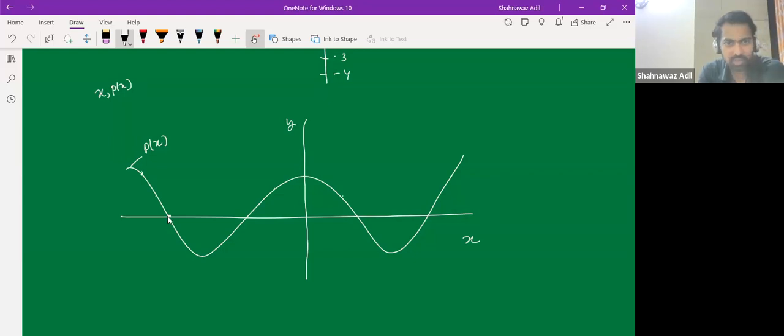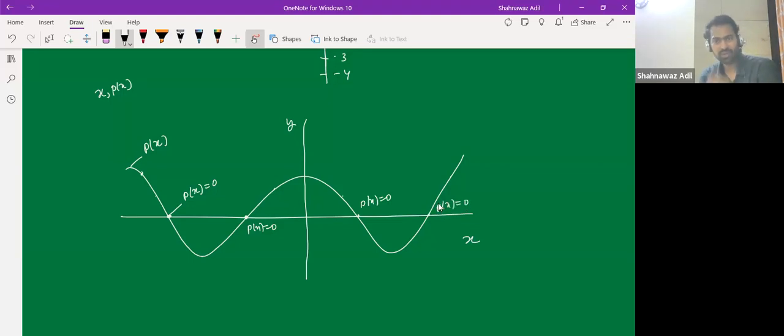What is special about this point? There will be some value of x, and what would p(x) be here? 0, absolutely right. So p(x) is 0 at this point. What about this one? Same, p(x) is 0 again, and there p(x) is again 0, and this p(x) is also 0.